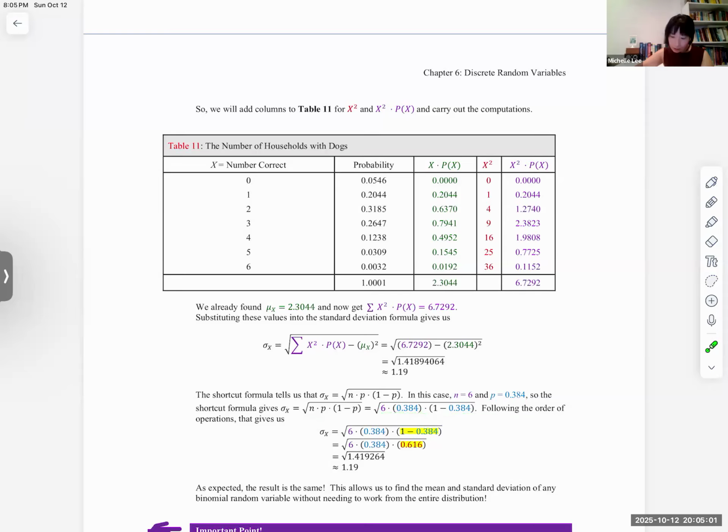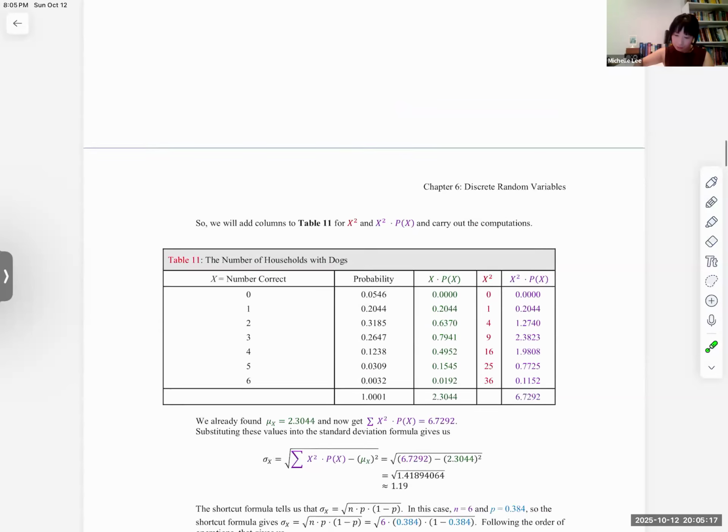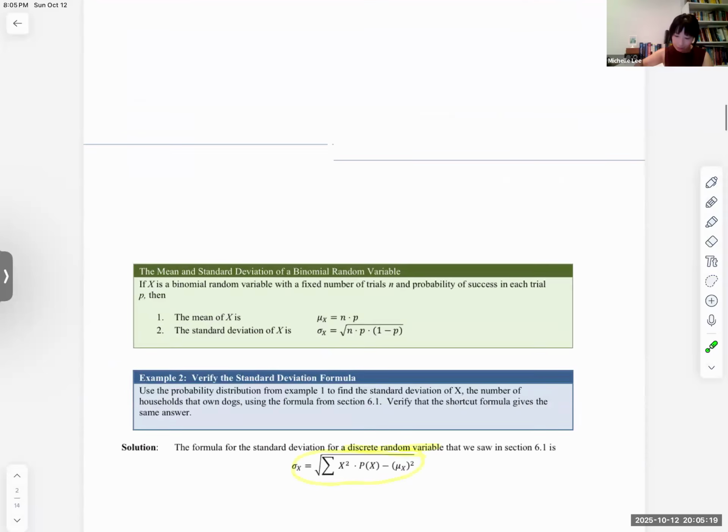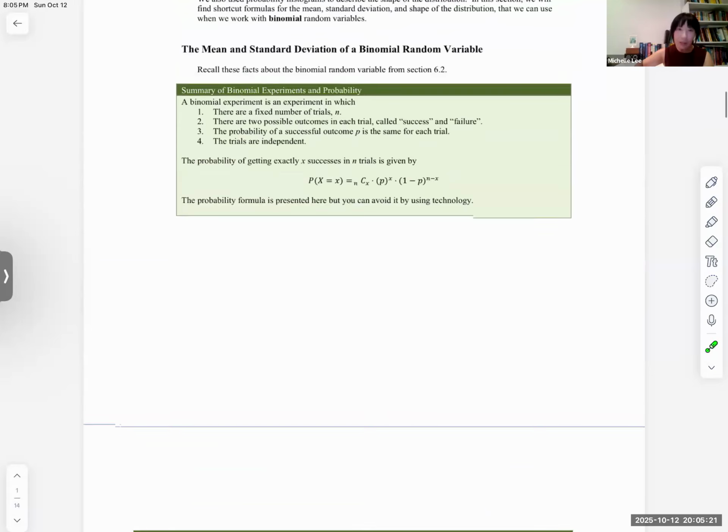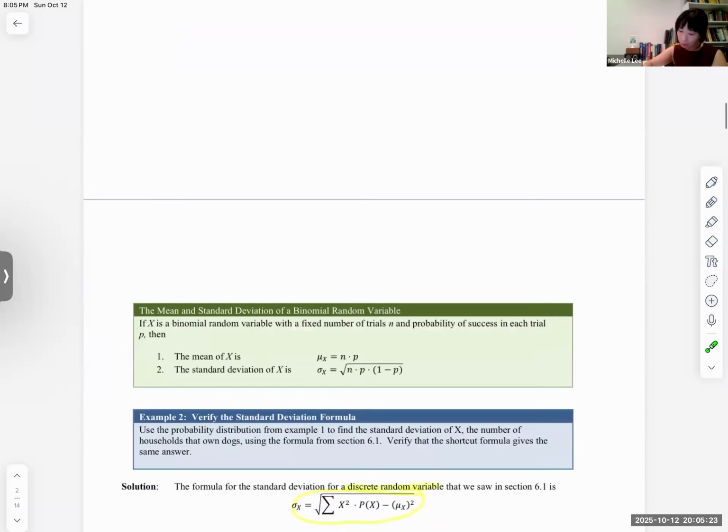Where does this 0.384 come from? It's from the given in example 1.